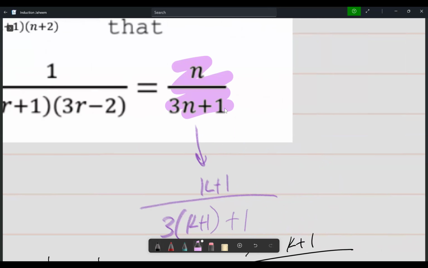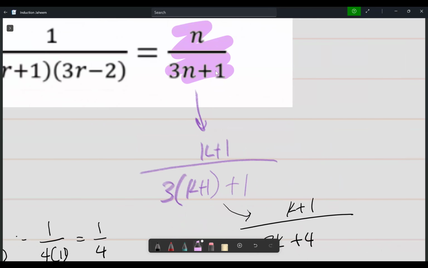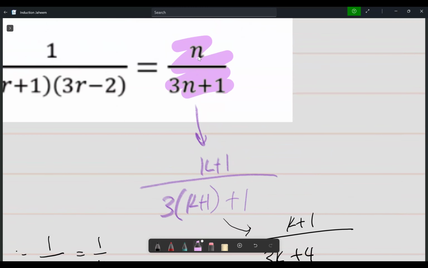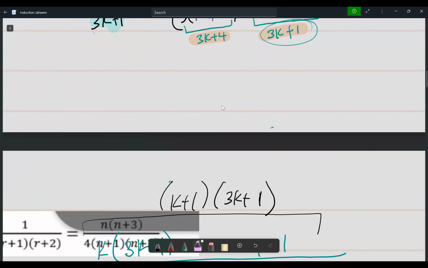It's important to note that oftentimes we want to look at what we want to find. So we have n over 3n plus 1. That's what we want to find.